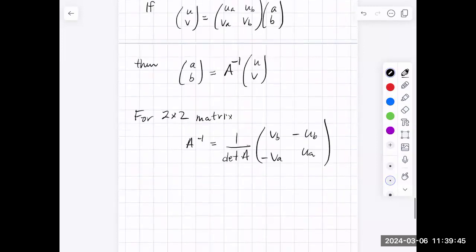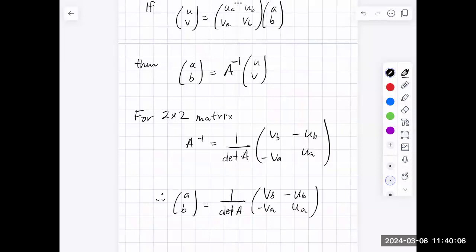Okay, so therefore, it must be that this AB is equal to 1 over the determinant of A times this matrix, VB, minus UB, minus VA, UA. Okay, and then we have all these things, right? And we could calculate the determinant.